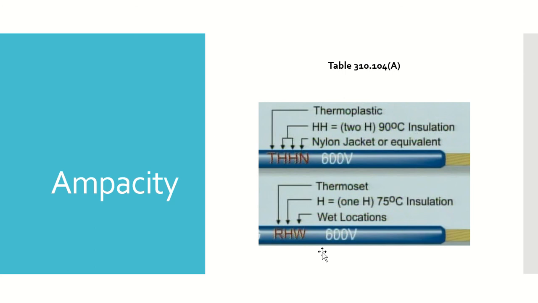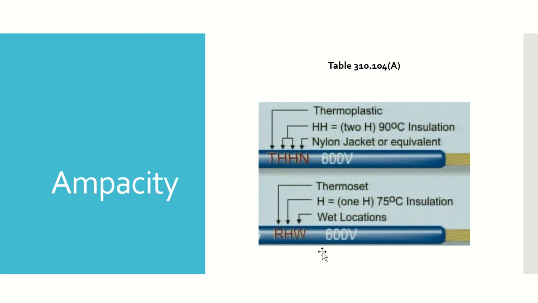Our RHW is a thermoset conductor. It is also a 90 degrees C wire. Oh, I'm sorry. Scratch that. I was looking at RHH. Rewind. RHW is a moisture resistant thermoset.